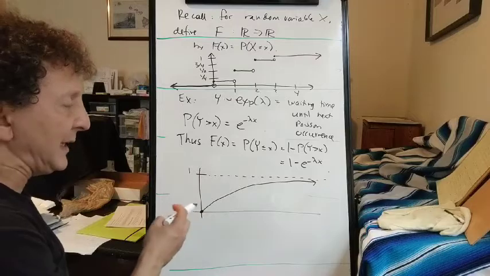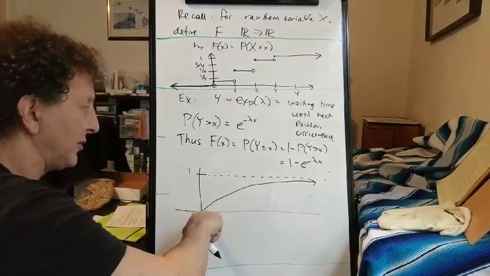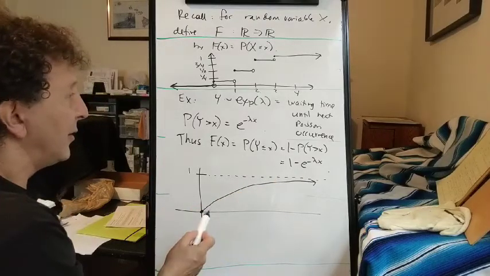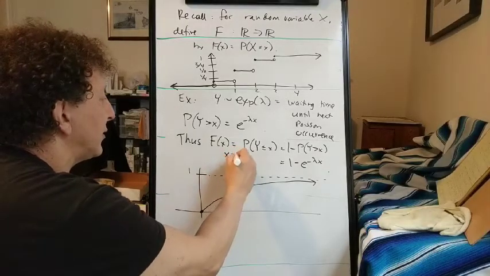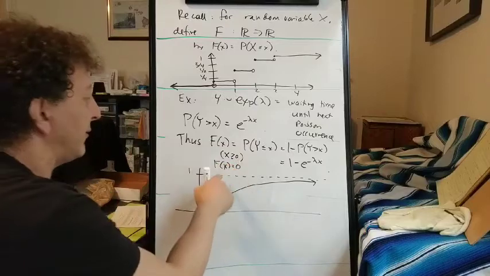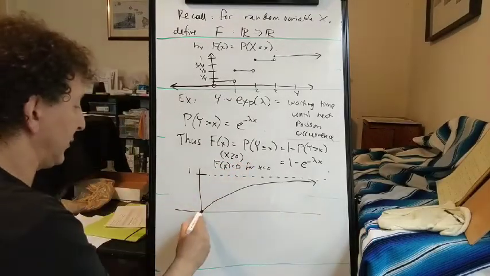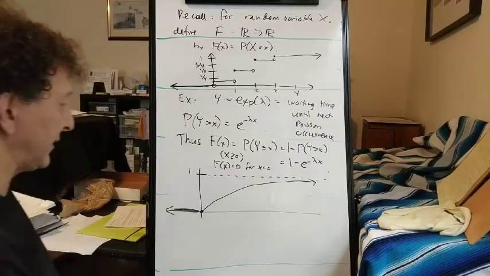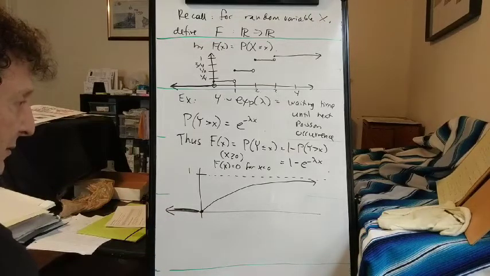Basically the graph of e to the negative x, but turned upside down. So it approaches y equals 1 from below. And this is for x greater than or equal to 0. F of x is 0 for x less than 0. So again, we've got this function that goes along the negative x-axis infinitely to the left.